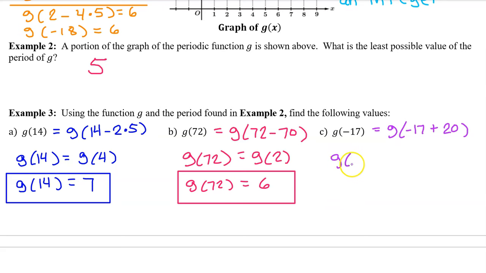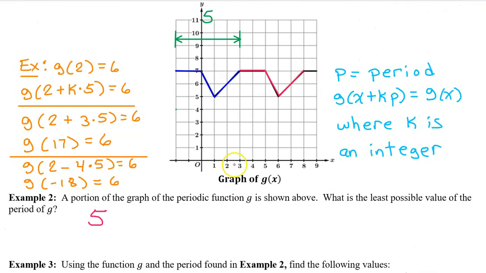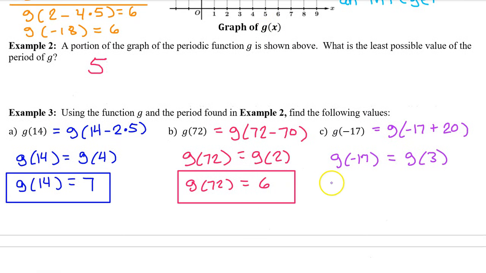So g at negative 17 will equal g at 3. And a quick glance at the graph tells us that g at 3 is 7. So g at negative 17 is also equal to 7.